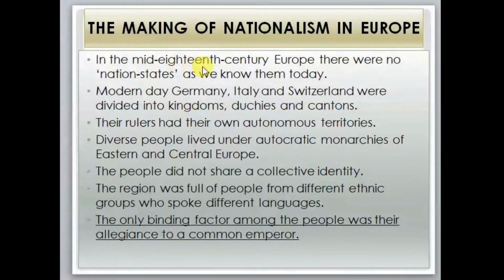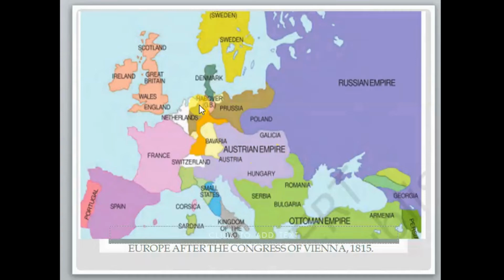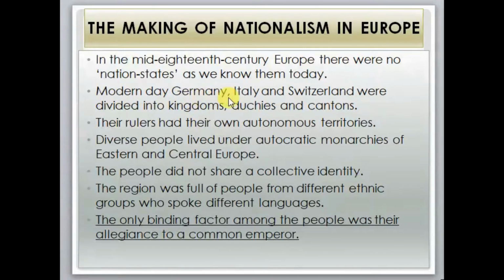In mid 19th century Europe, there were no nation states as we know them today. If we look at the map of mid 18th century Europe, we find that there were no nation states as we know them today. Modern day Germany, Italy, and Switzerland were divided into kingdoms, duchies, and cantons.